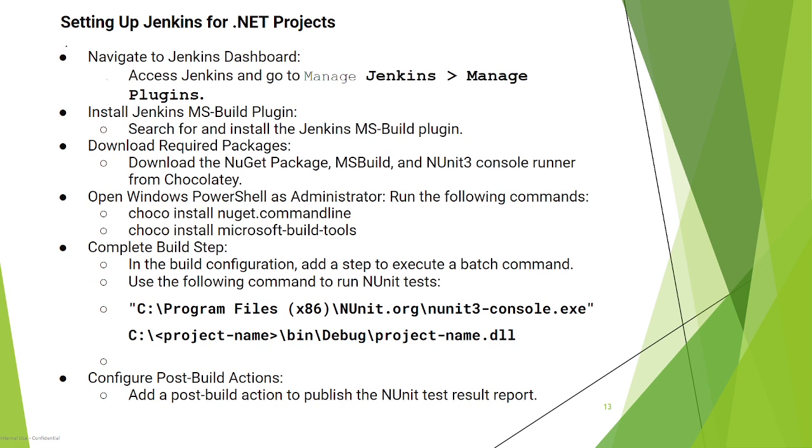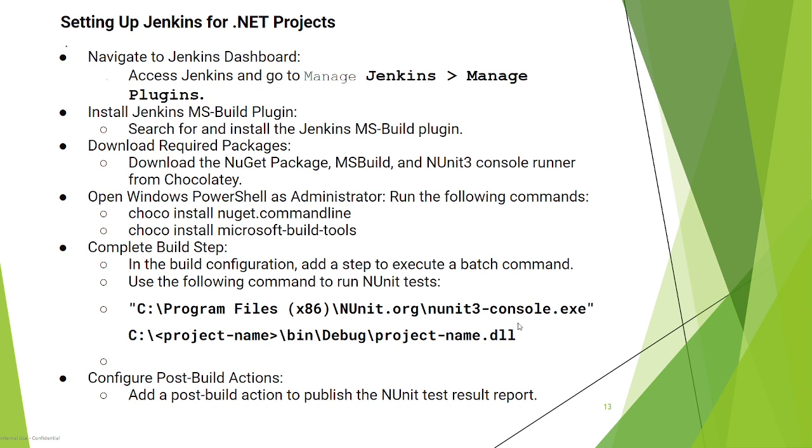So assuming you have installed everything, next you can complete the build step. In the build configuration page, you can add a step to execute a batch command. Use the following command to run NUnit tests.